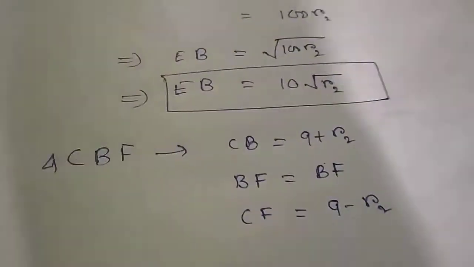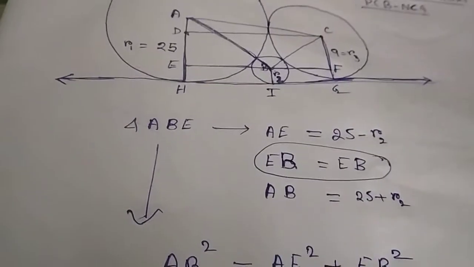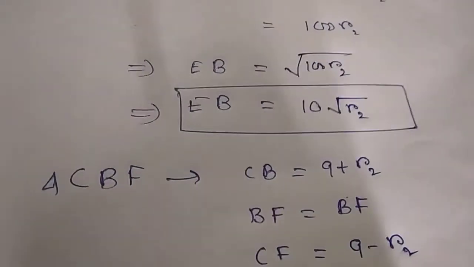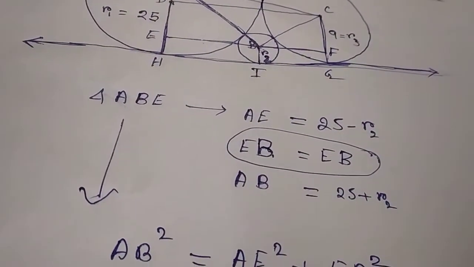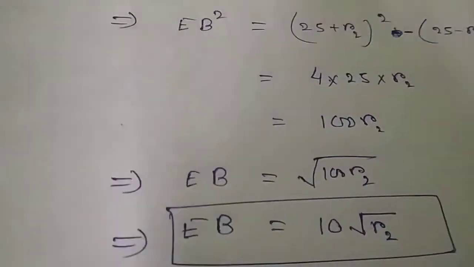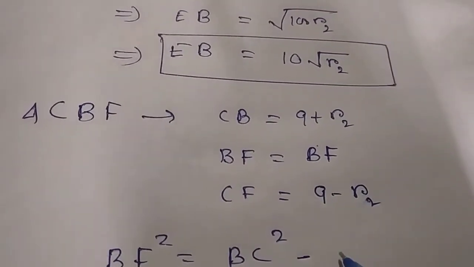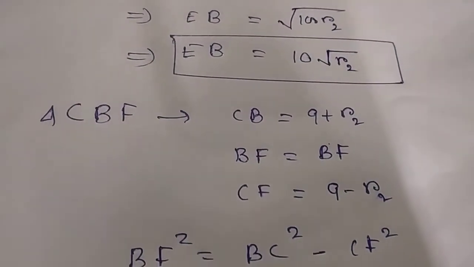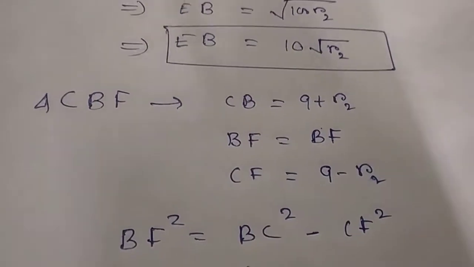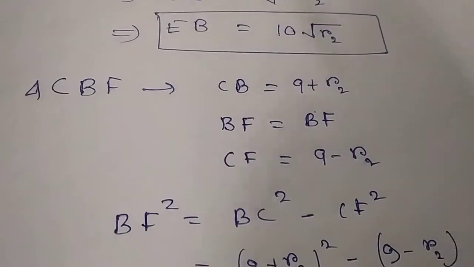So this time let me use the Pythagorean theorem directly. Like I want to find the BF here, so I can write BF square equals the hypotenuse square minus the height square. So BF square equals BC square minus the CF square. So we have CB is (9 plus R2) whole square minus CF is (9 minus R2) whole square.